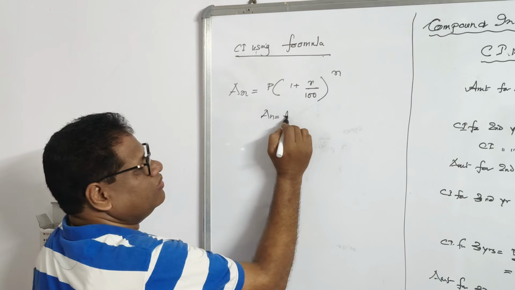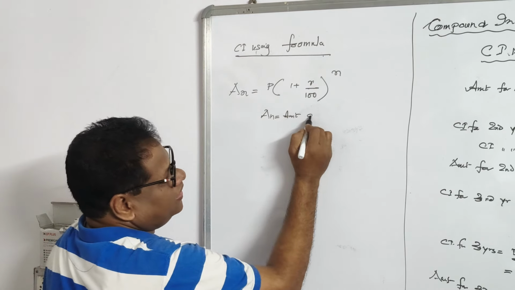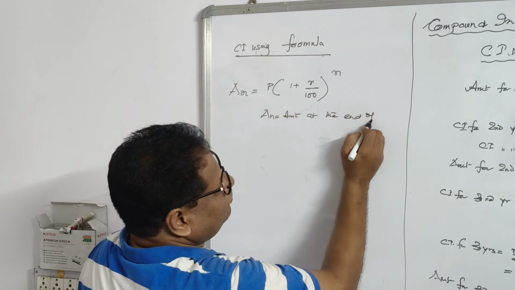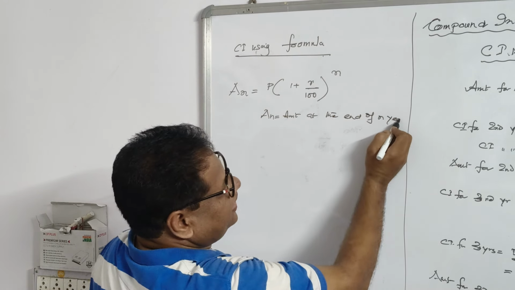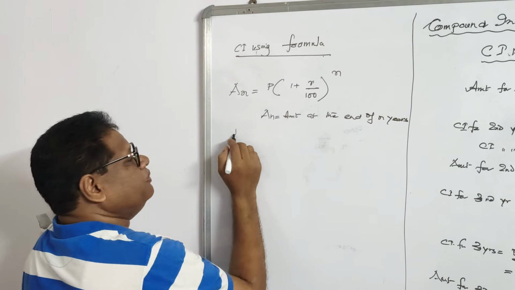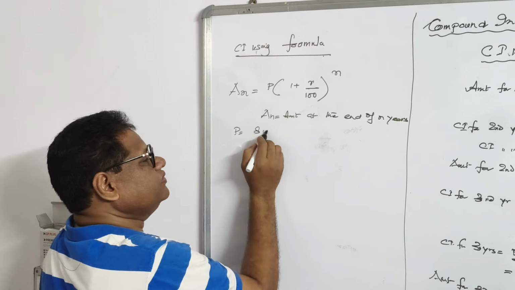A n is the amount at the end of n years. N years means it could be 2 years, 3 years, 1 year. And P is the sum of money.